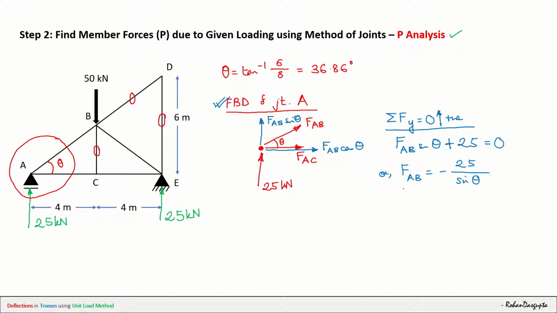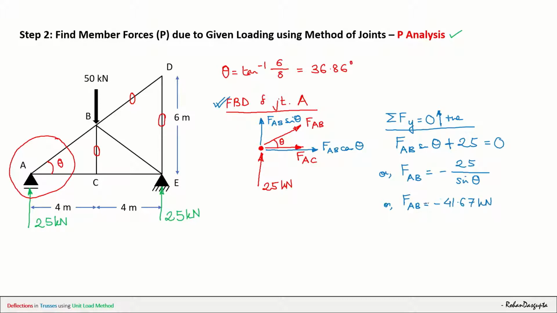Right? So if you do this in the calculator, you will get FAB equals minus 41.667 or 41.67 kilonewton.